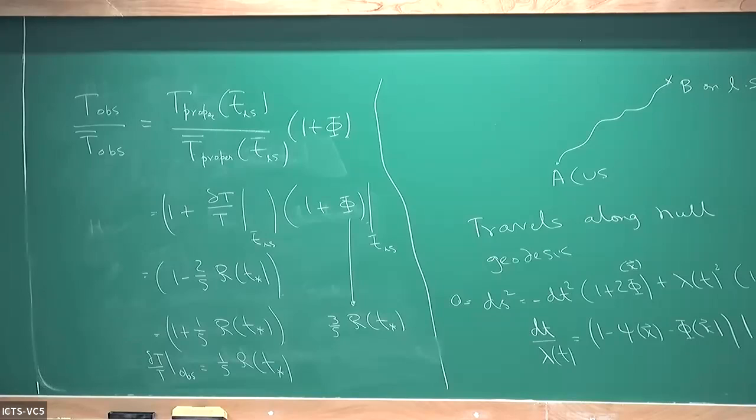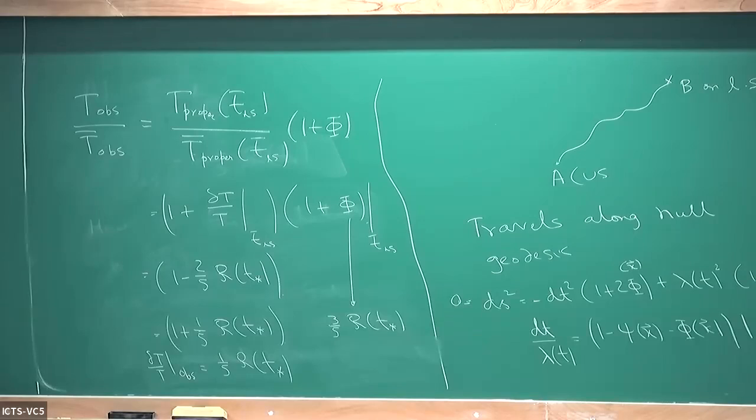Why is that 1 plus phi not cancelling out? Oh, because that phi was the phi at a particular comoving coordinate at the time of observation. The phi that is relevant for us will be phi at R equal to 0. But that is the same, that is not changing, right? Certainly during the observation, it's not changing, so you can just absorb it.